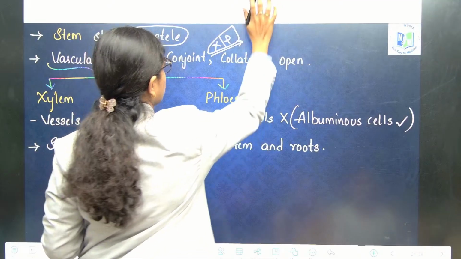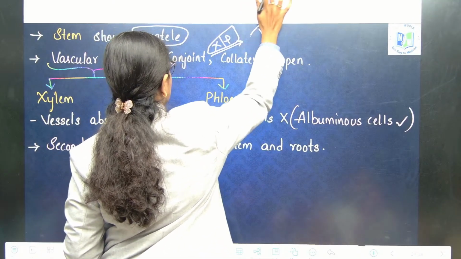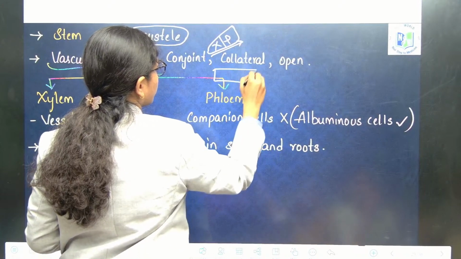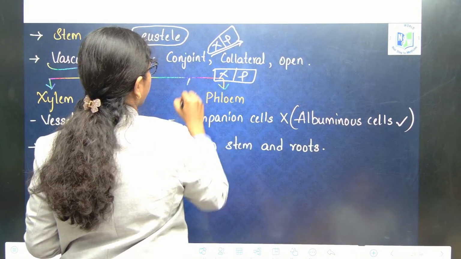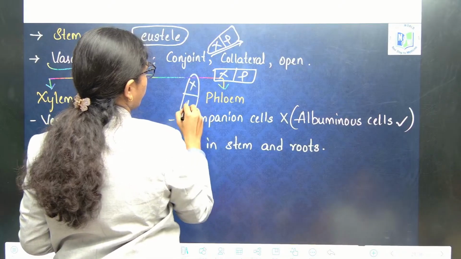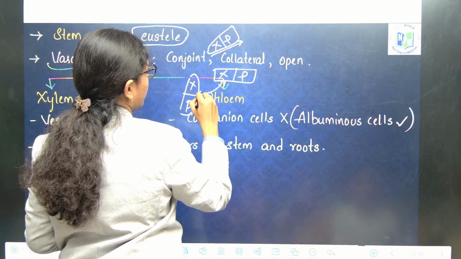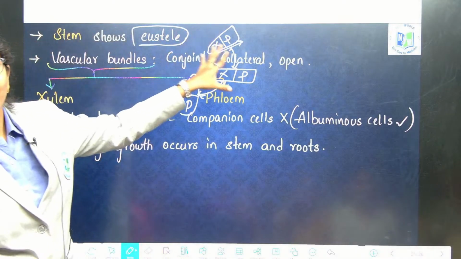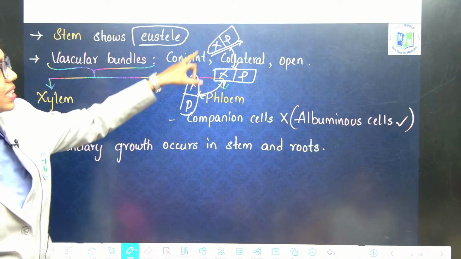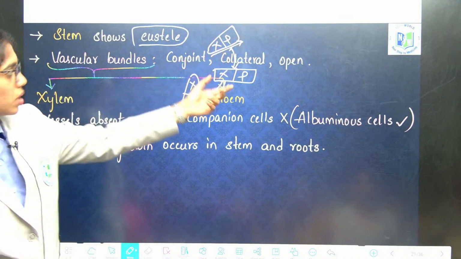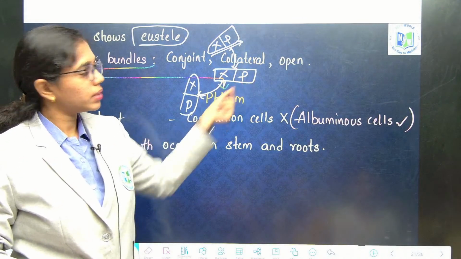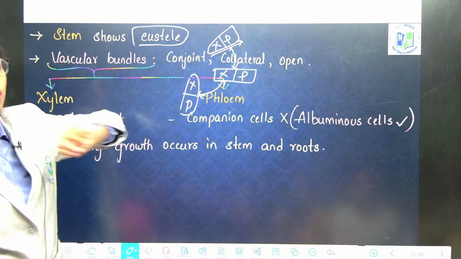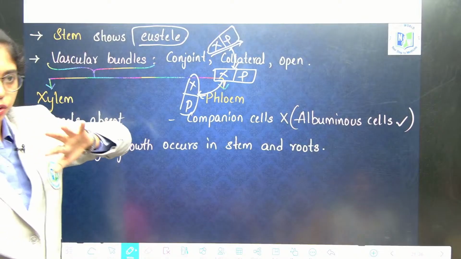Collateral means they are present side by side to each other, xylem and phloem, for lateral conduction.